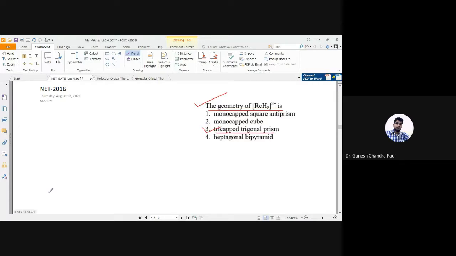I just want to show you the structure of this particular compound. If you Google it, you can automatically see that structure.